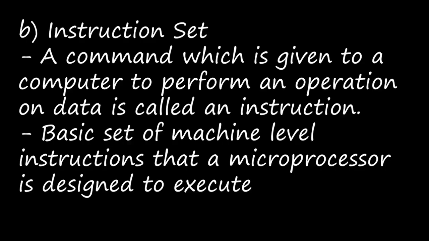We'll give a data and instruct the computer to do a task. That is instruction. In this microprocessor, a basic set of machine level instructions will be given, and whatever instruction is given will be executed by the microprocessor. This is called instruction set.